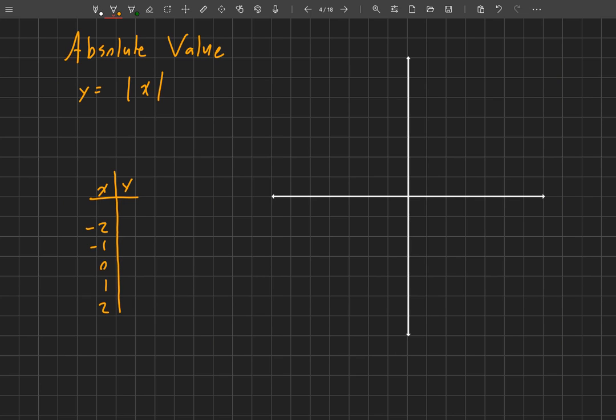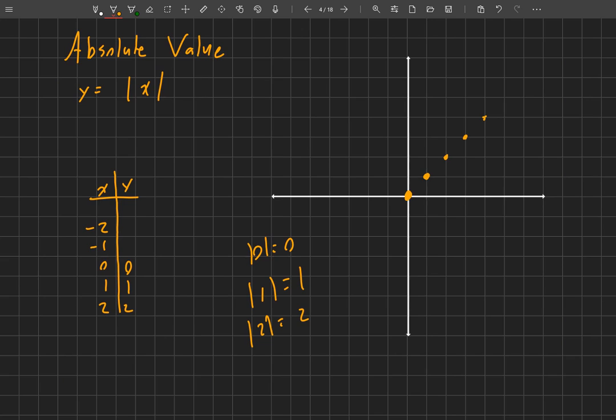If I plug in 0, the absolute value of 0 is 0. It's easy. What's the absolute value of 1? In other words, if you make 1 positive, what do you get? 1. That's easy. You should see a pattern here in a second. Absolute value of 2 is 2. What's the absolute value of 3? 3, 4. So whatever number you put in is going to be the number you come out with.